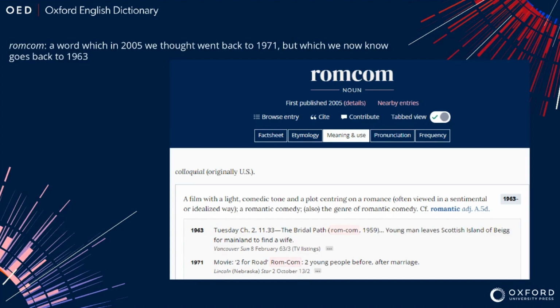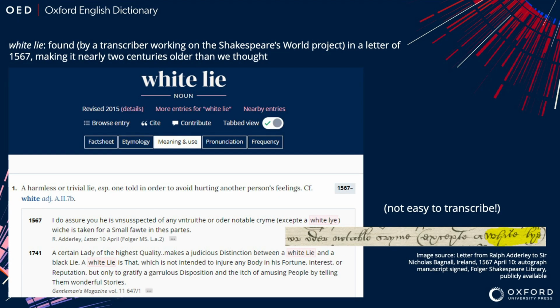So, for example, when we first revised the entry for white lie, our first quotation was from the 1740s, but in 2017, an example was found by somebody who was transcribing a manuscript letter written in the 1560s. And what that tells us is that the word is 200 years older than we thought. It means the idea of a particular kind of lie being figuratively described as white is 2 centuries older than we thought.